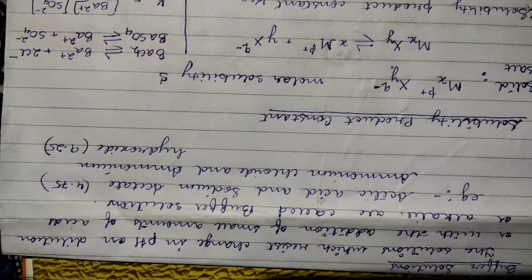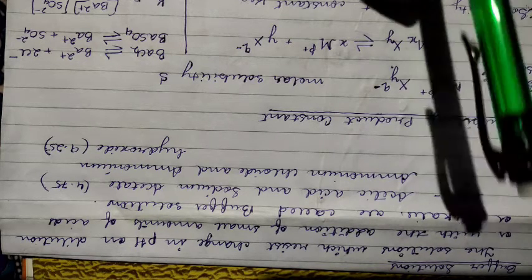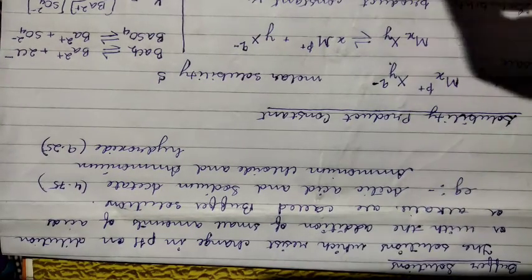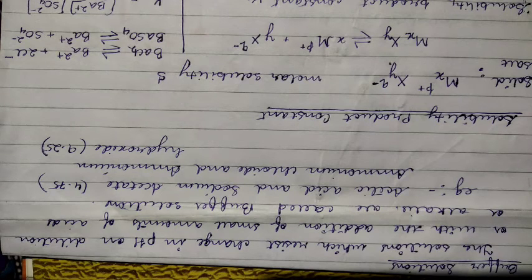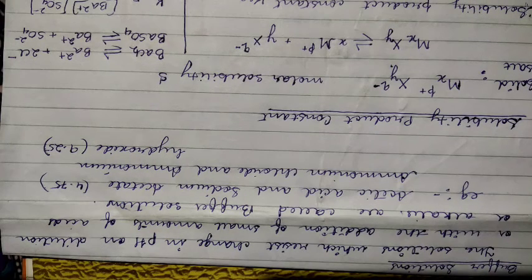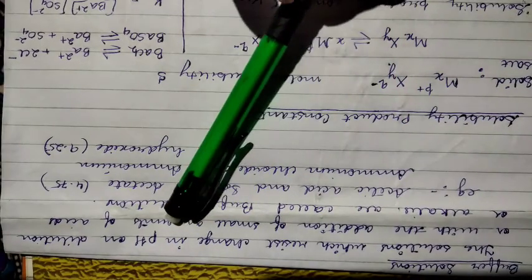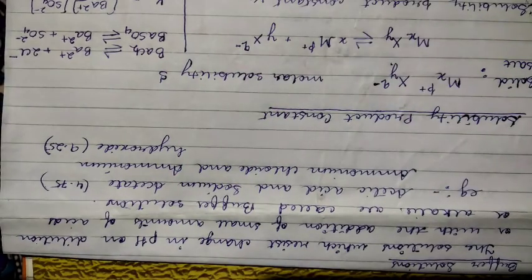Now let us first see the definition. It will be clear to you. Along with that, we will also discuss two examples. The solutions which resist change in pH. Some solutions will resist the change in pH. Whatever pH we have made up to, that pH is maintained on dilution or with the addition of small amount of acids or alkalis.